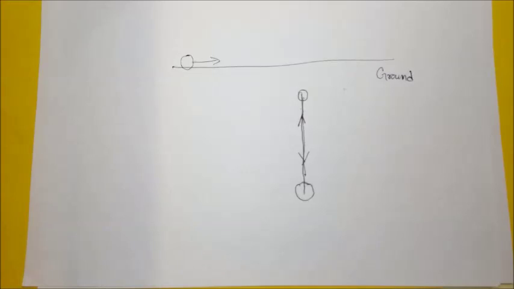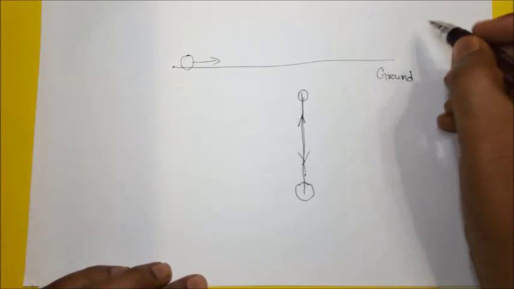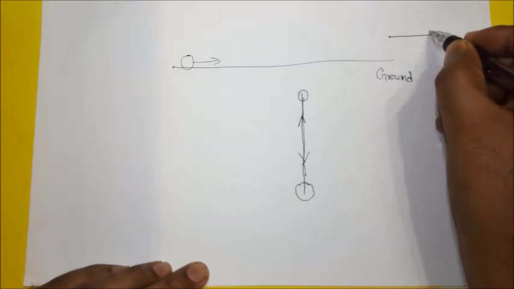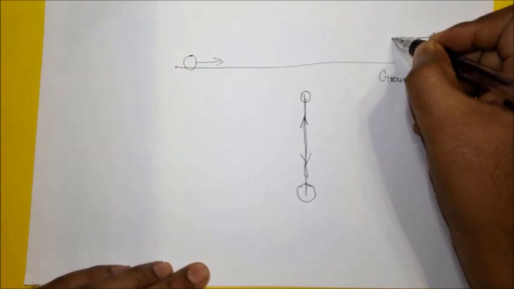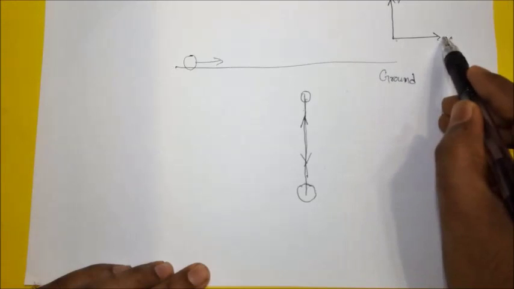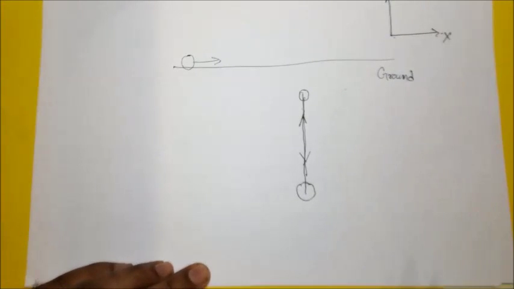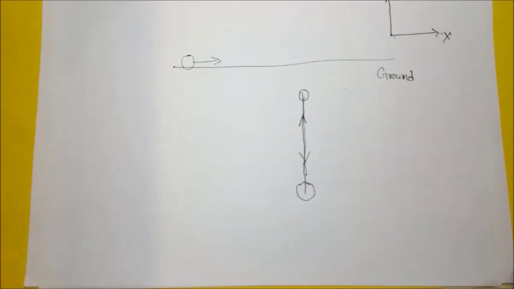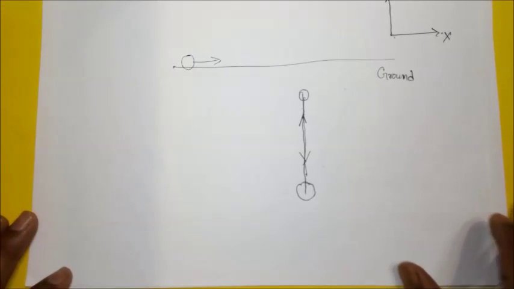Motion that happens purely in the x coordinate and motion that happens purely in the y coordinate is known as motion in one dimension. You can make it x like this and y like this, horizontal as x and vertical as y.